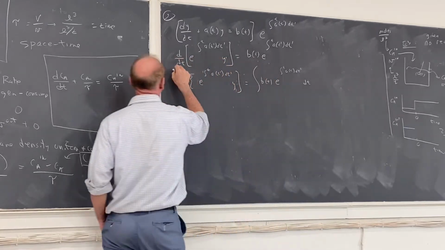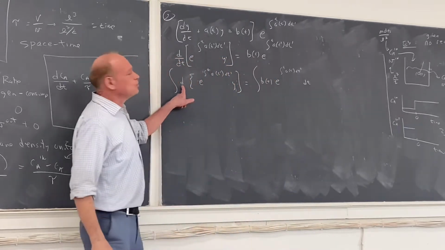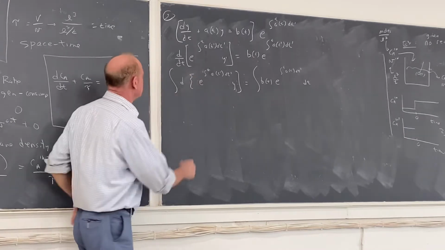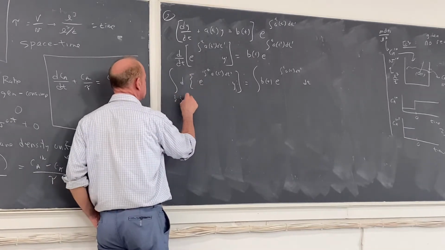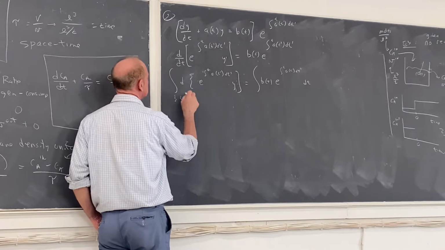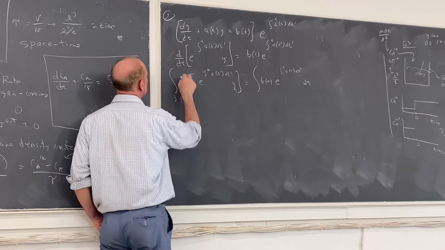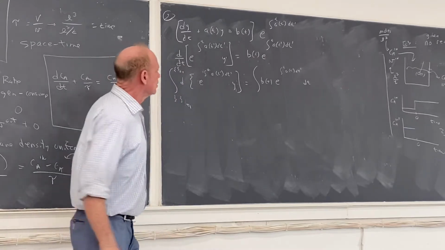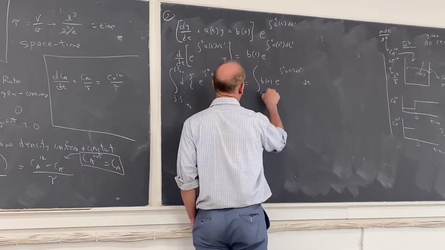And now I integrate both sides. Now this is a total derivative, so I just get this thing, the curly bracket, at t1 and at t2. I'm rewriting the curly bracket. And this thing is from t1 to t2.